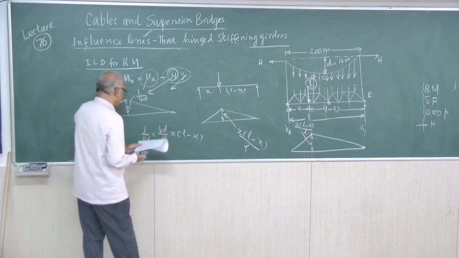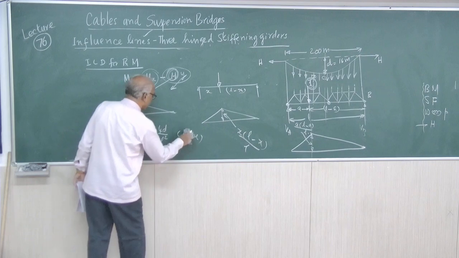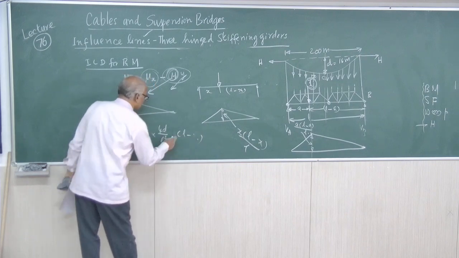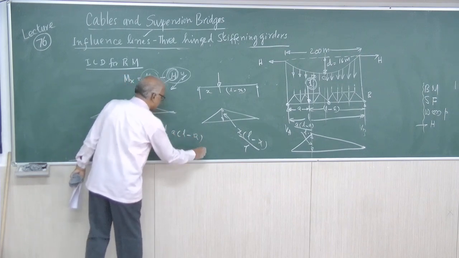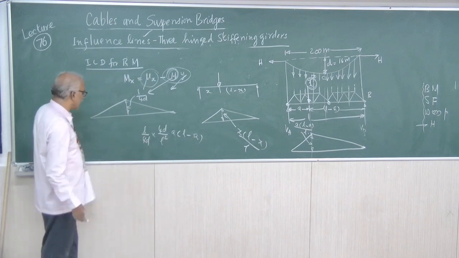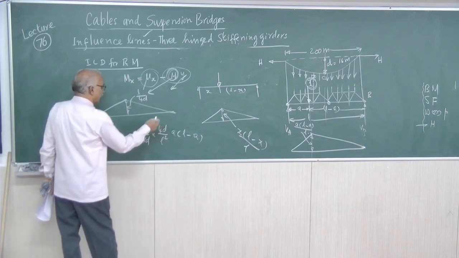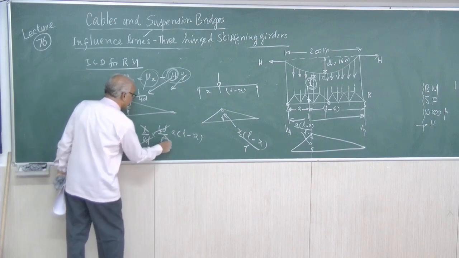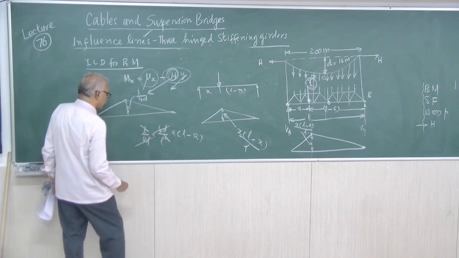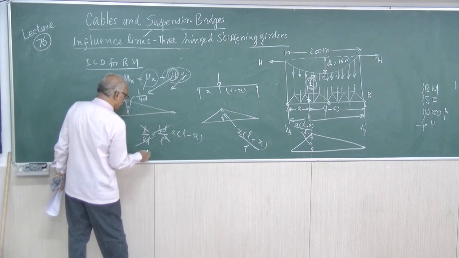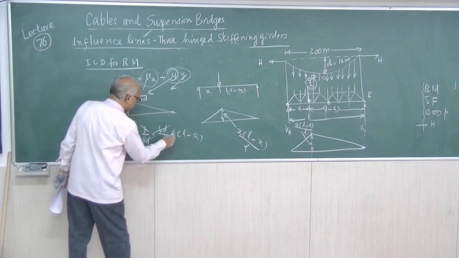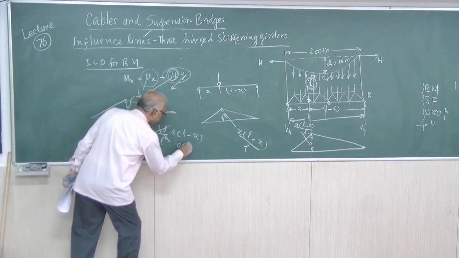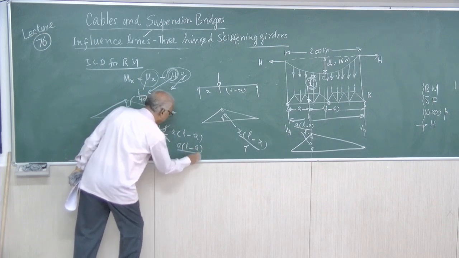Or here, we have used the term A, therefore, we will use A itself. So A into L minus A. Now H into y: 4d and 4d will get cancelled, L and L will get cancelled. Therefore, it will be A into L minus A by L.